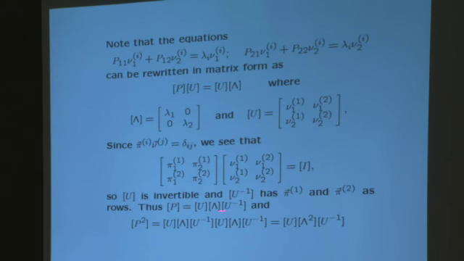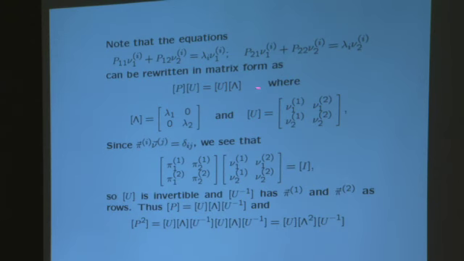Okay, U is invertible. U to the minus 1 has pi 1 and pi 2 as rows. We set it up here: P times u is equal to u times lambda. We've shown here that u is invertible.